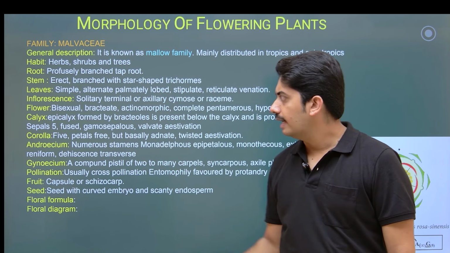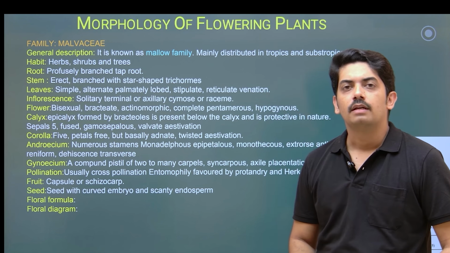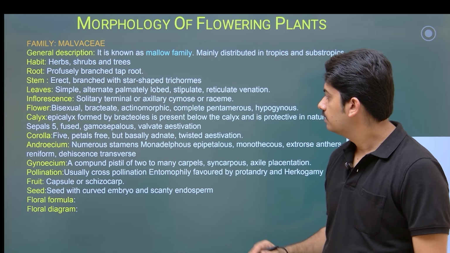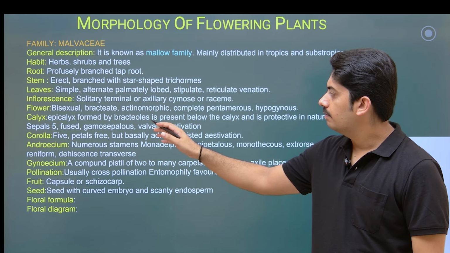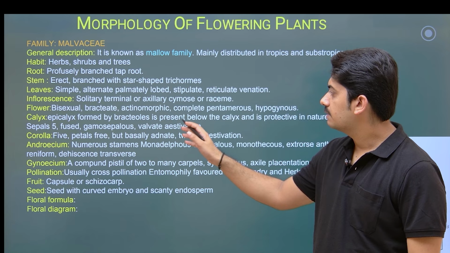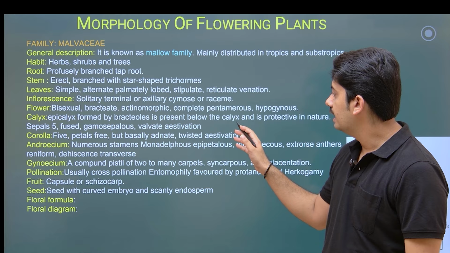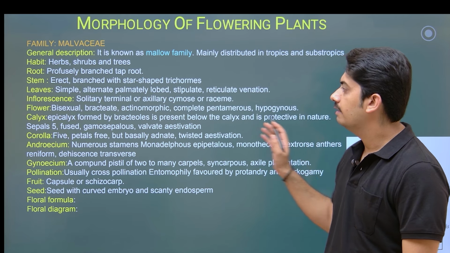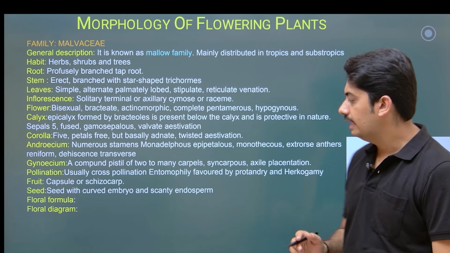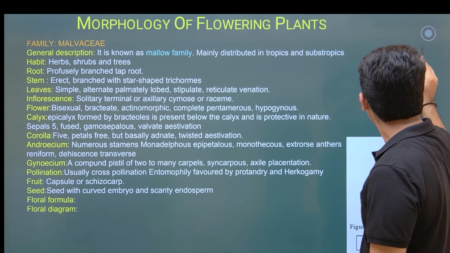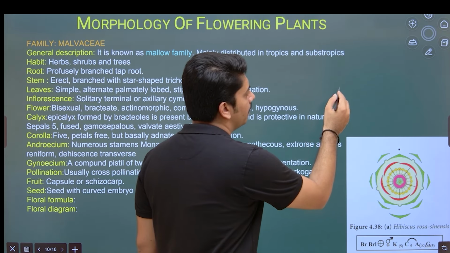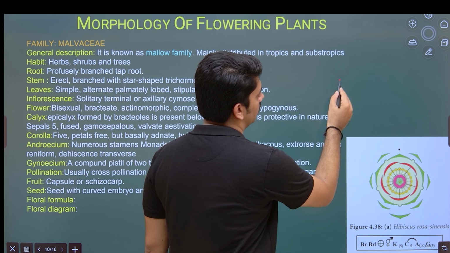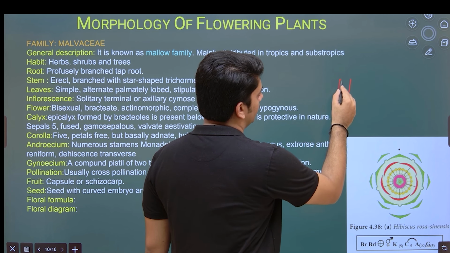Now coming to calyx. Calyx is the outermost whorl. Epicalyx formed by bracteoles is present below the calyx and is protective in nature. Epicalyx means here we mostly observe gamosepalous condition, like this.